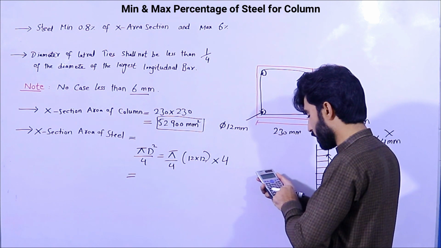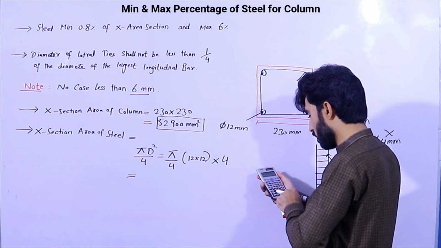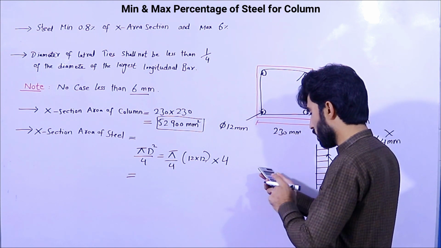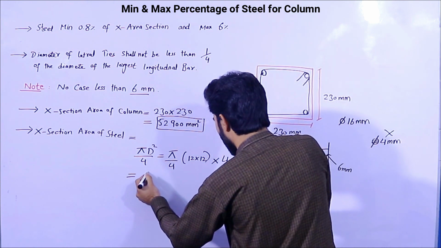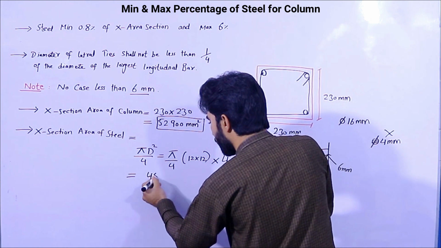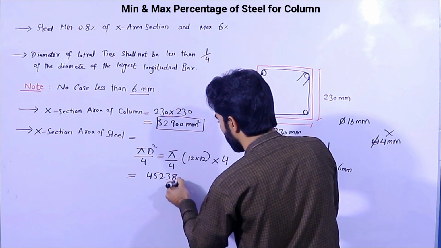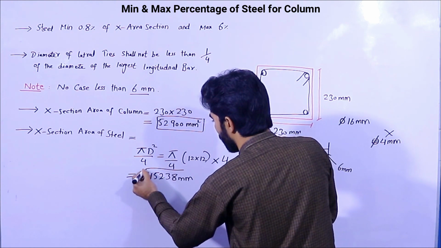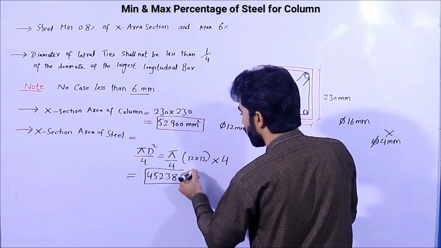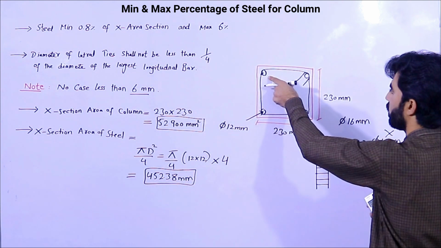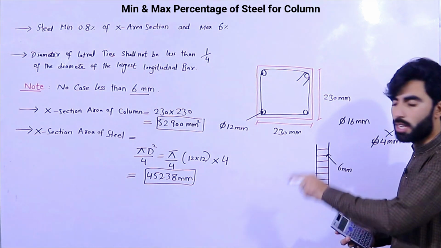So it becomes 452.38 millimeter square. This is the cross-sectional area of these 4 steel rods in this column.